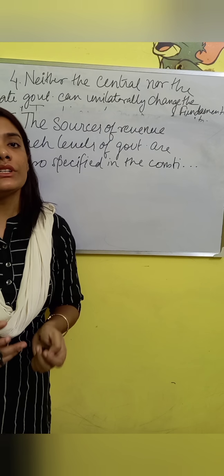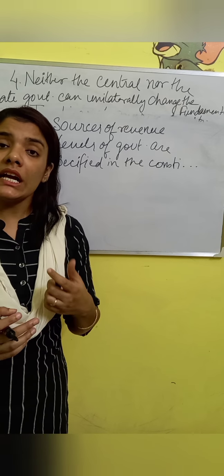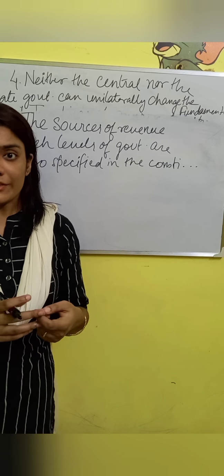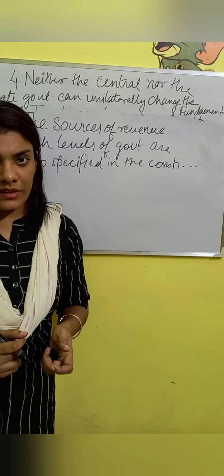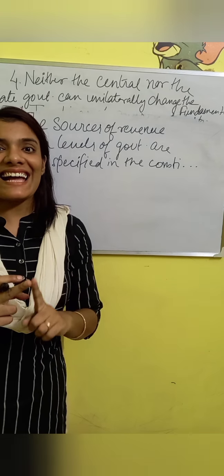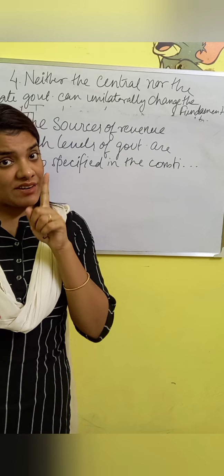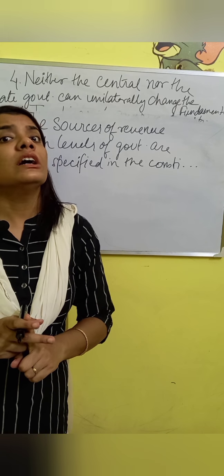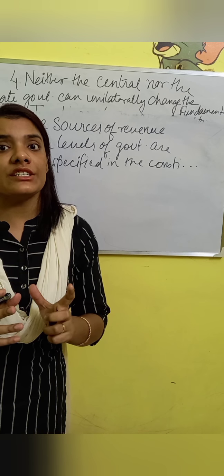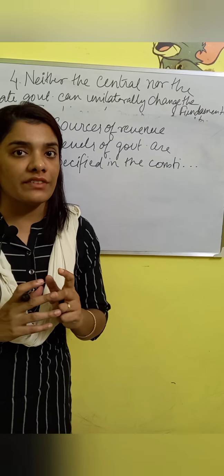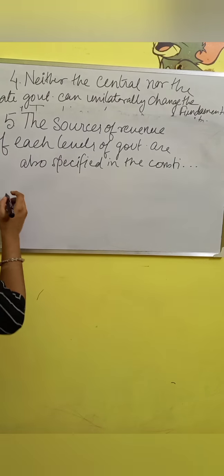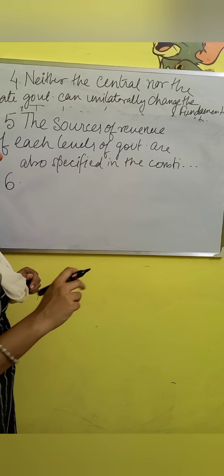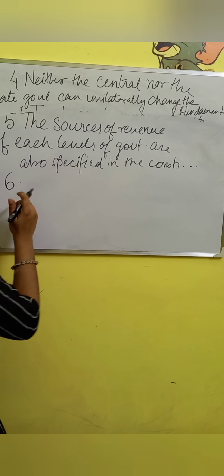And see students, in a country like India, we have adopted federalism for two reasons. First is to maintain national unity, for which we have a central government, and second is to honor the regional diversity, for which we have the state governments. So there are two purposes for having federalism.